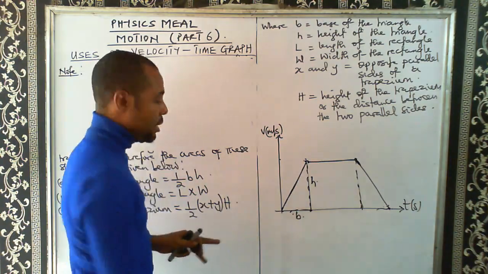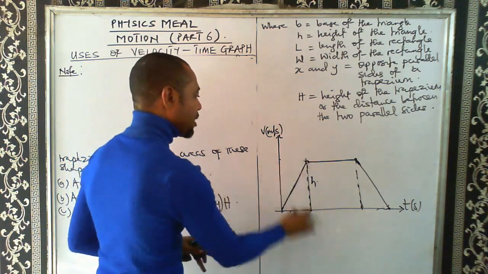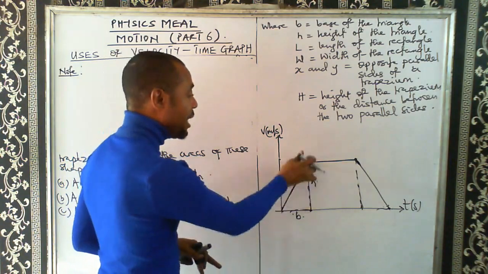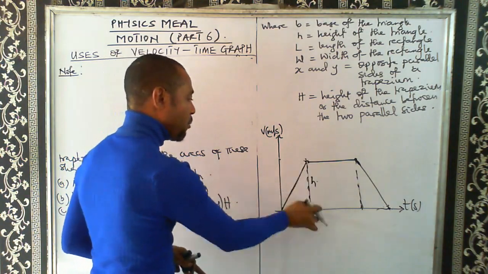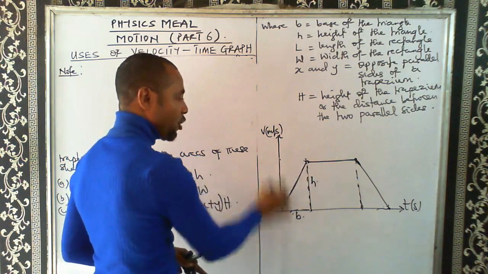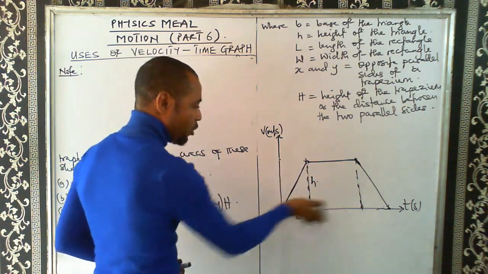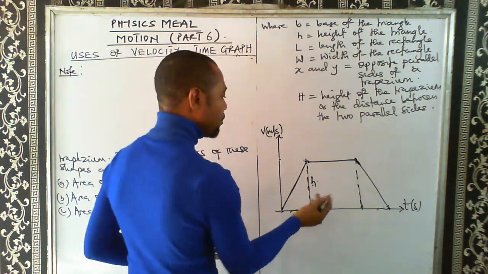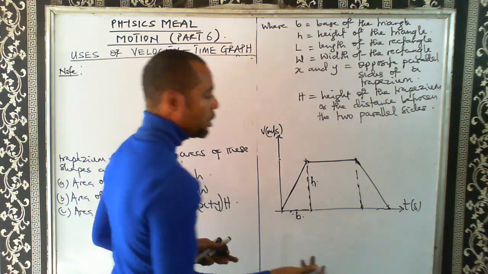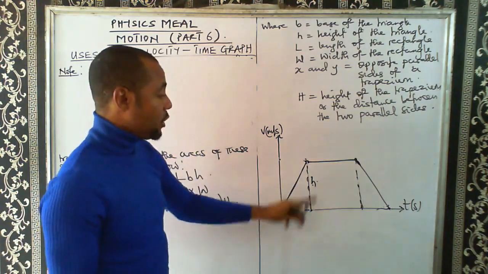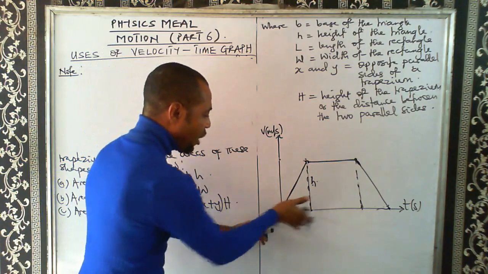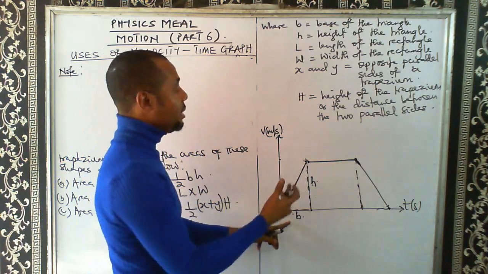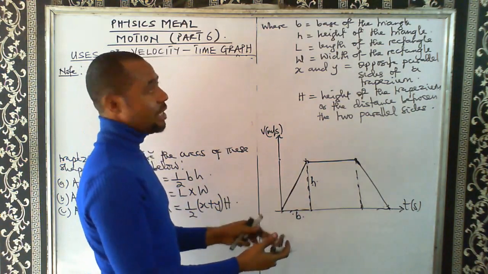This h is vertical, so it can be obtained from the vertical axis. That means this h is velocity. The horizontal ones are on the time axis. So b is time in this case, h is velocity.